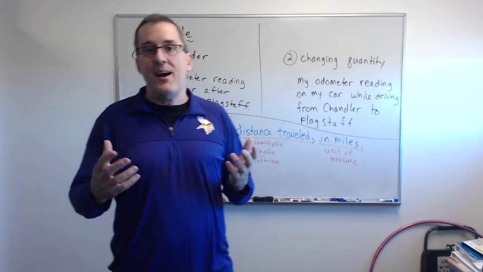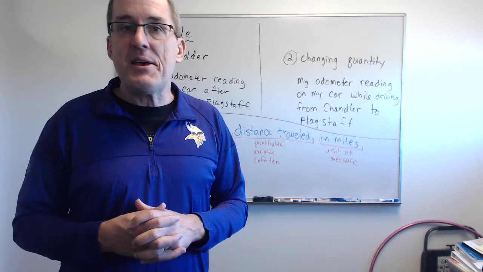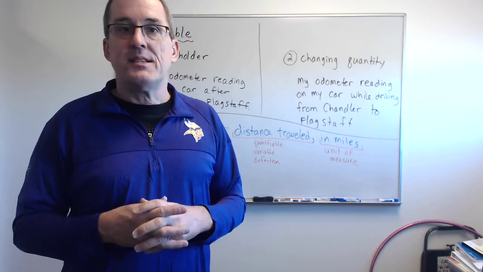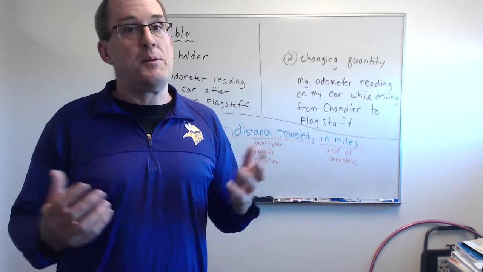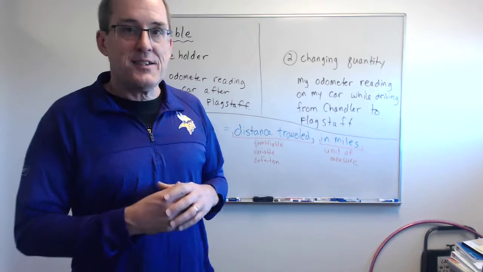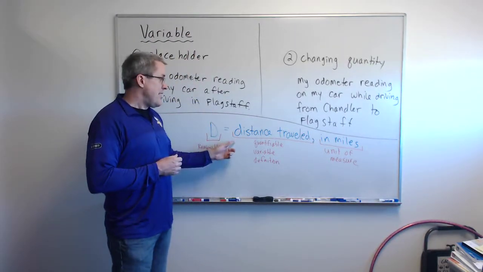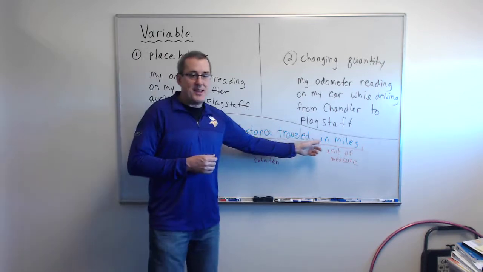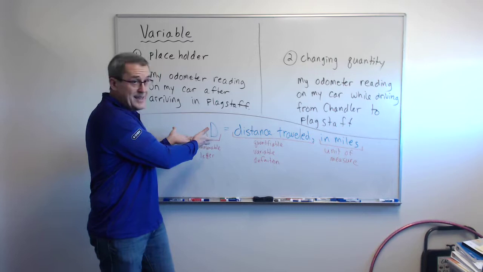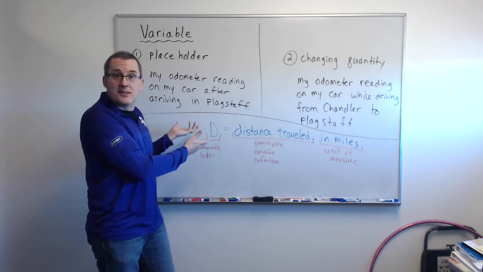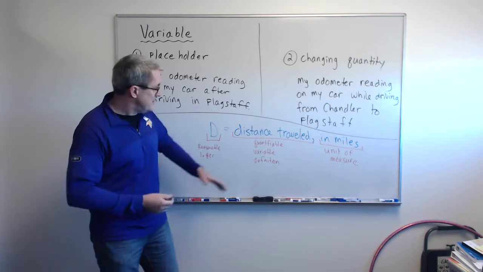But now, in terms of precision, we always like to say, how are we going to measure that distance? Distances in general can be measured in feet, in inches, in meters, in kilometers. But in the context of my car, and my odometer, or my trip odometer, that unit of measure is probably going to be miles. So as you define your variables, choose a reasonable letter that's going to communicate to somebody what that letter really stands for, D for distance, for example.